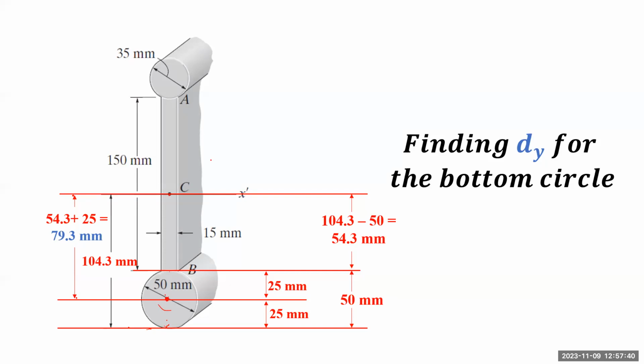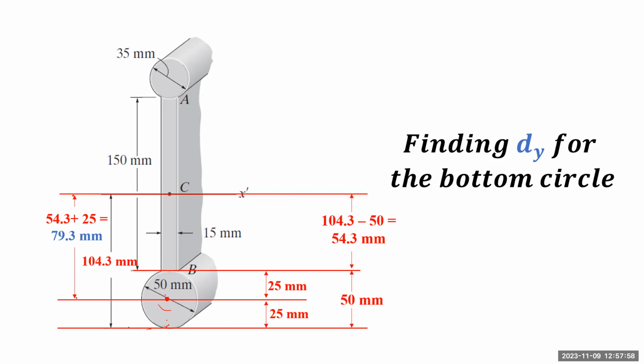If you were to take 25 from the centroidal distance, 104.3 minus 25, you will get the same answer.